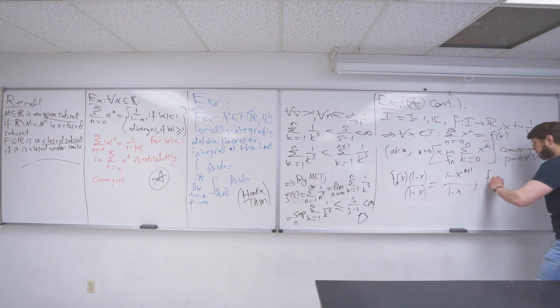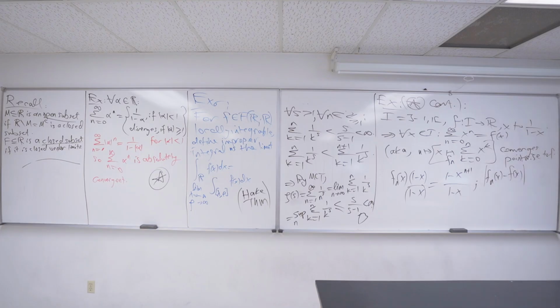And I can just look at this distance. What is this? This is this minus this, which is nothing but x in absolute value raised to the power n plus 1 divided by 1 minus x. So for instance, insofar as I look at convergence of f sub n to f on any compact subinterval, the convergence in fact would be uniform, because on any compact subinterval of -1 to 1, this would have an upper bound.